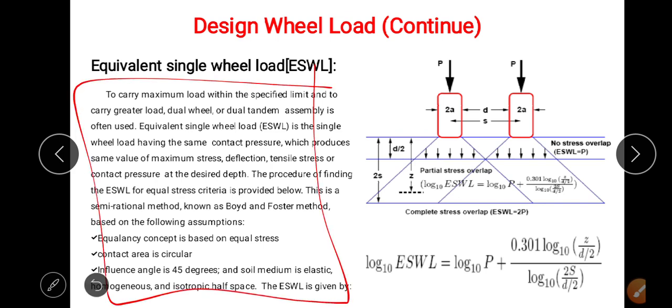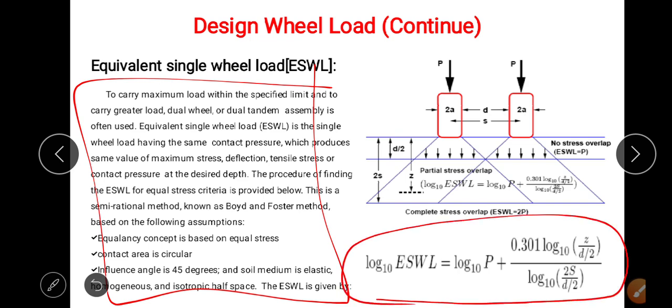I will explain with the help of the figure itself, and there is a formula to calculate ESWL, equivalent single wheel load. The name itself suggests it is not exactly twice the value of P, which is shown here, acting on the pavement, but it is equivalent to a single wheel load. How does it become equivalent? In this way.